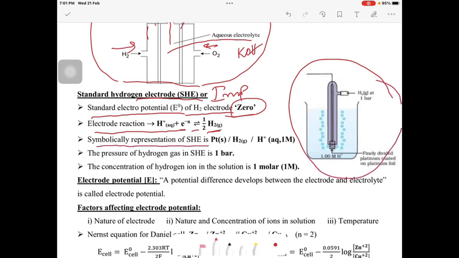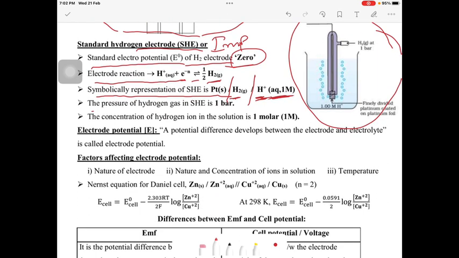Symbolic representation of SHE is Pt | H2 | H+ (aqueous solution of acid, concentration 1 mole). The pressure of hydrogen gas in SHE is 1 bar. The concentration of hydrogen ion in the solution is 1 molar.